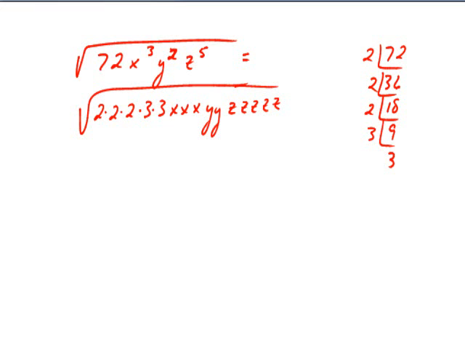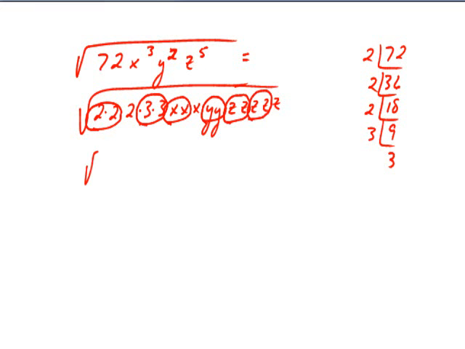Because we're taking the square root, I want to take out pairs of numbers and variables that are the same. So I can take out 2 2's, 2 3's, 2 x's, 2 y's, 2 z's, 2 z's again.